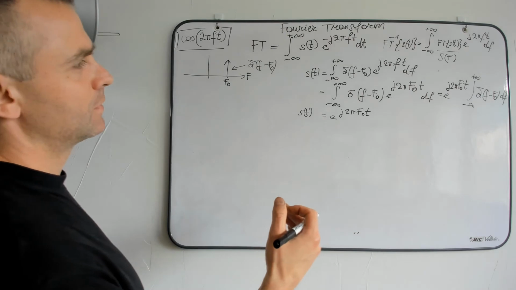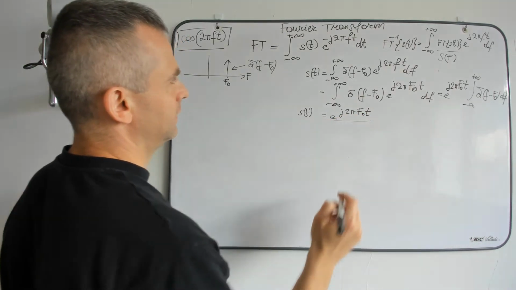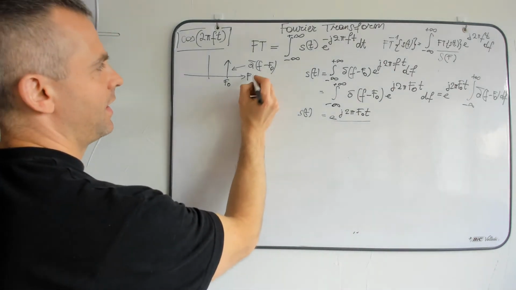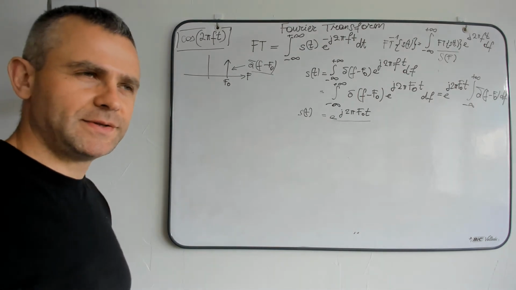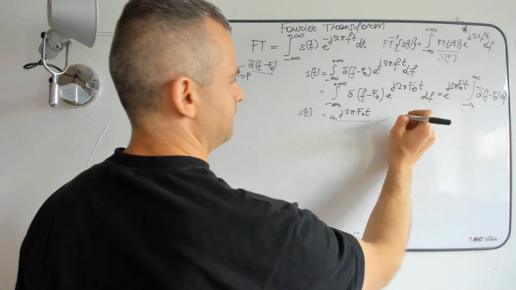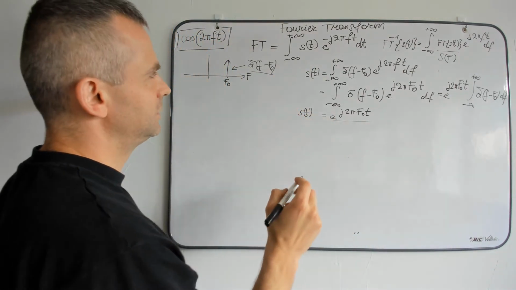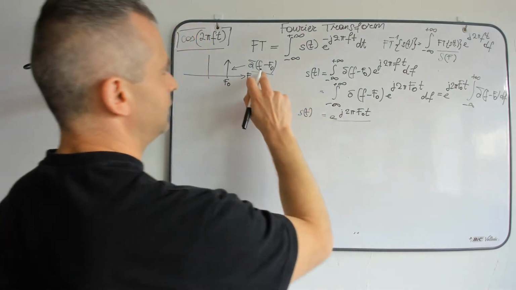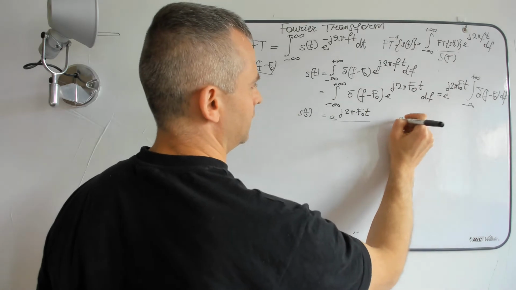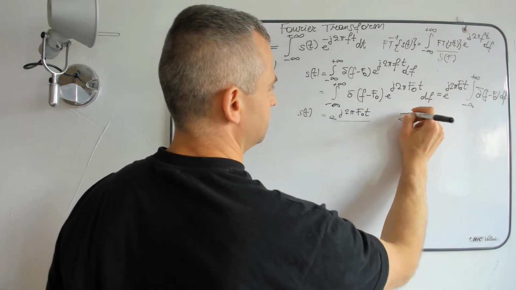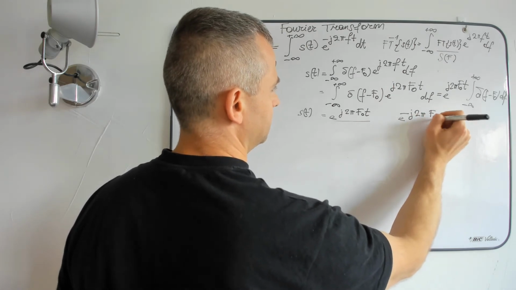And if I got this result by using a delta function delayed by minus f0, for a delta function delayed by plus f0, I will get the value of exponential minus j 2 pi f0 t.